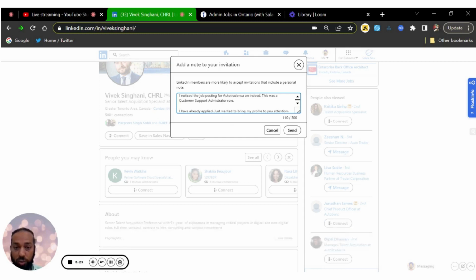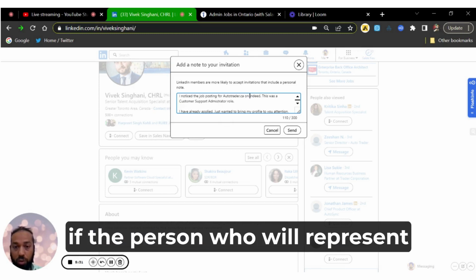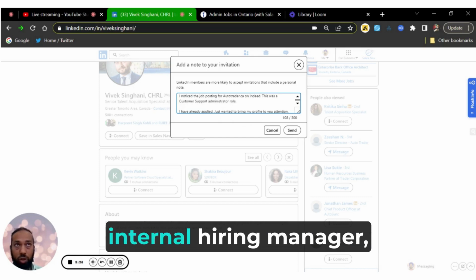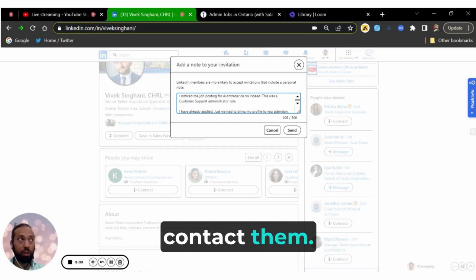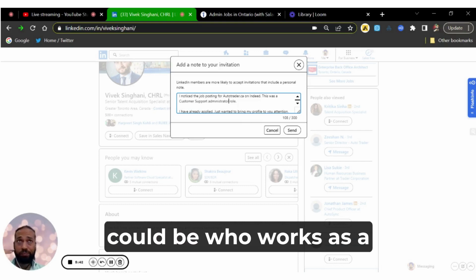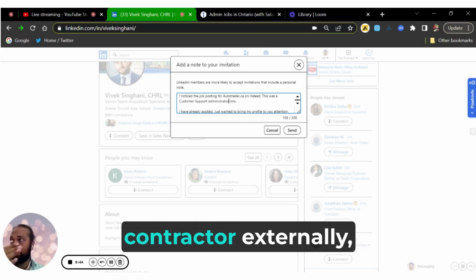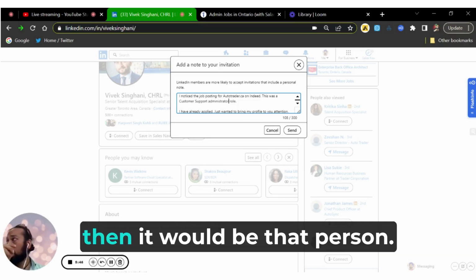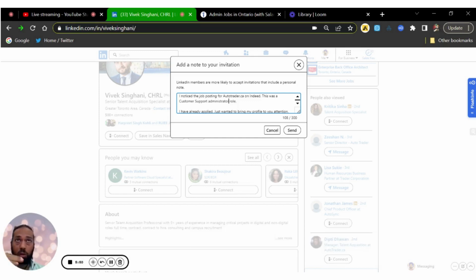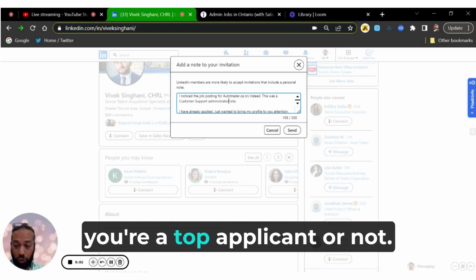So depending on the strength of your application, if the person who will represent you best is an internal hiring manager, contact them. If it could be someone who works as a contractor externally, then it would be that person. And again, that would depend on what LinkedIn tells you about whether you're a top applicant or not.